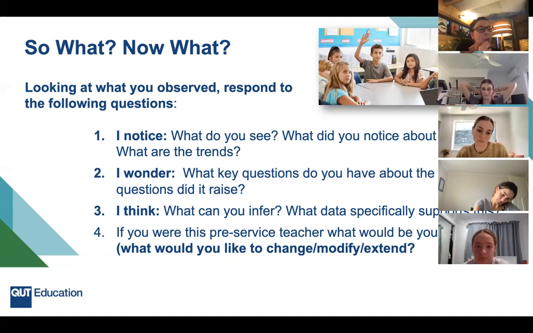What can you infer? Any thoughts? What can you infer from the data? So this would be questions. And this takes a lot of practice. This is something that you would be talking with your supervising teacher about.